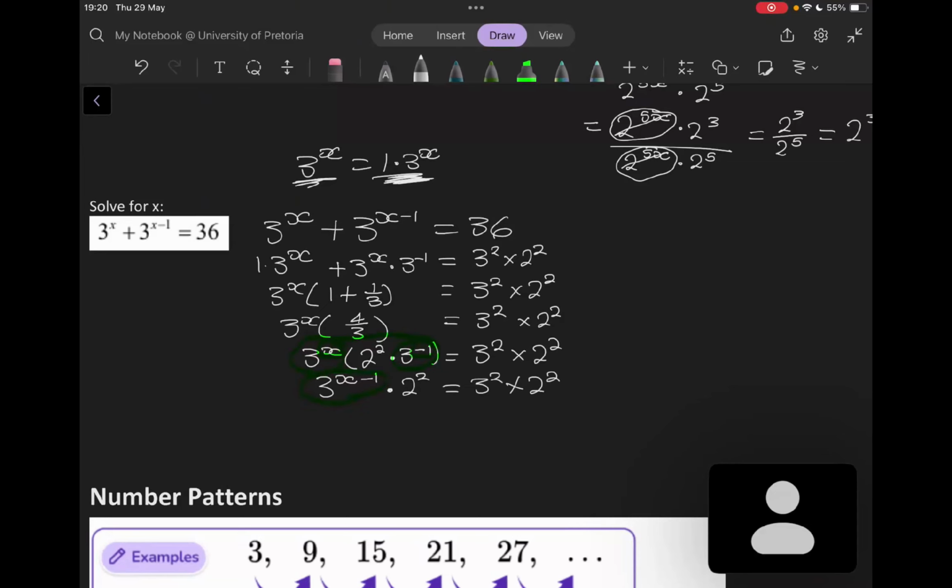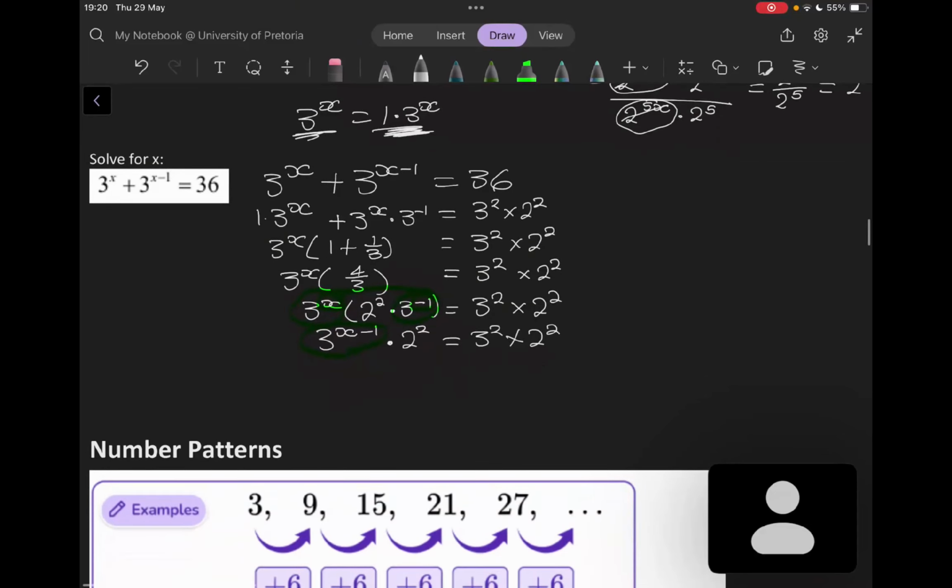Fine. Now we can solve for x, because if we divide both sides by 2 squared, we then end up with 3 to the power of x minus 1 is equal to 3 squared, right?